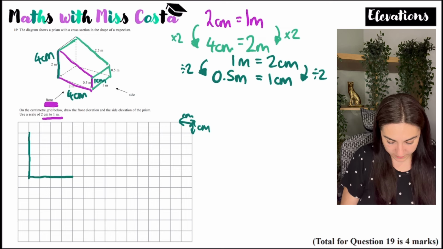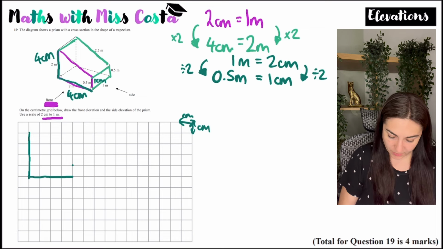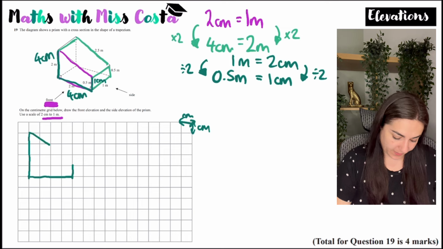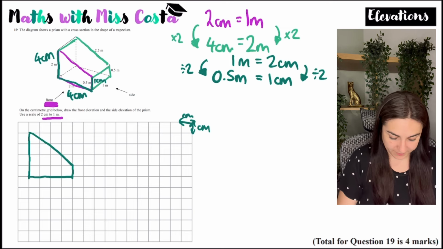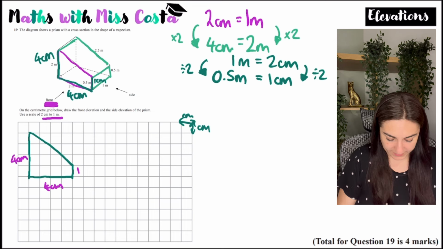And then 1, 2, 3, 4 as my side over here. And then I go up 1 centimetre, which is this part here. And then I can just join this with a straight line. So that would be 4 centimetres, 4 centimetres, 1 centimetre. And that is the front elevation.